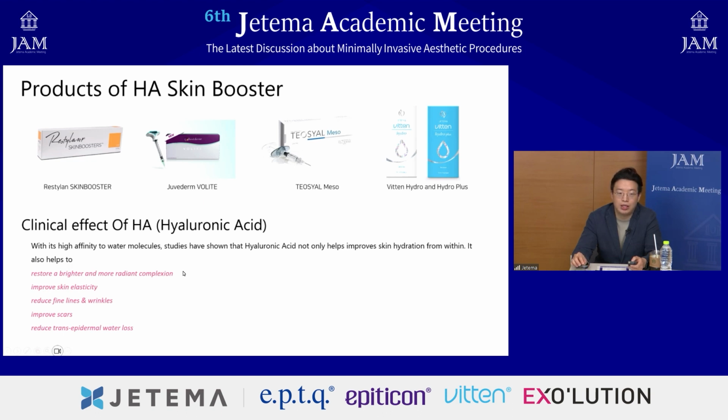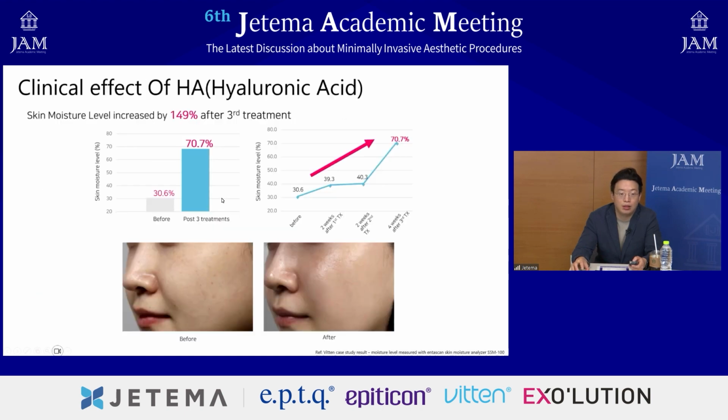But I think brightening is the primary effect of this HA skin booster. So here is the clinical result of B10 Hydro. After three treatments, we see skin moisture improved 1.5 times, a 150% increase after treatment.